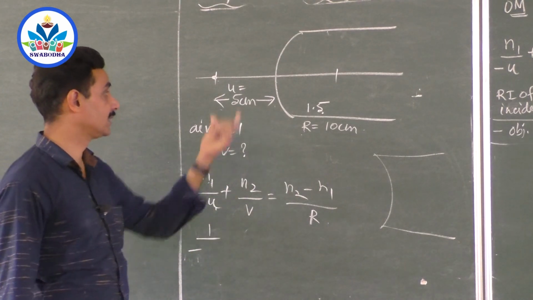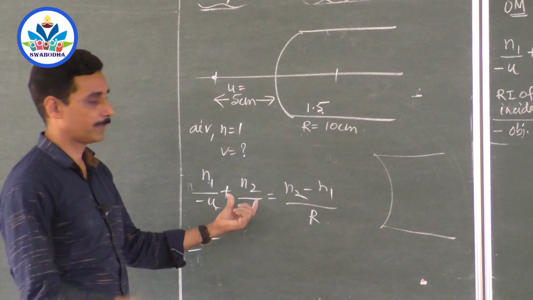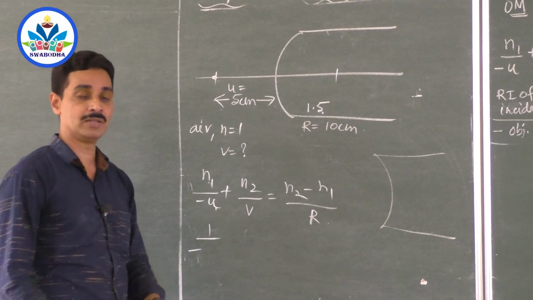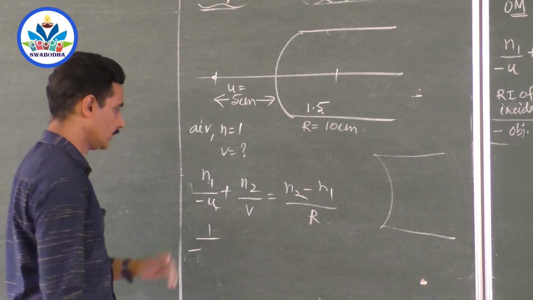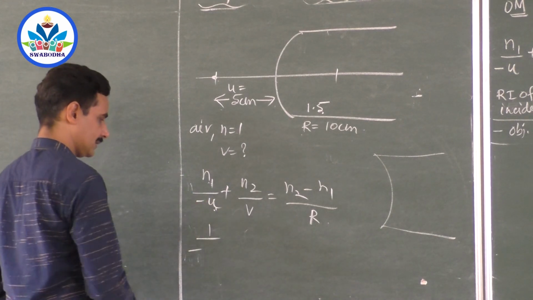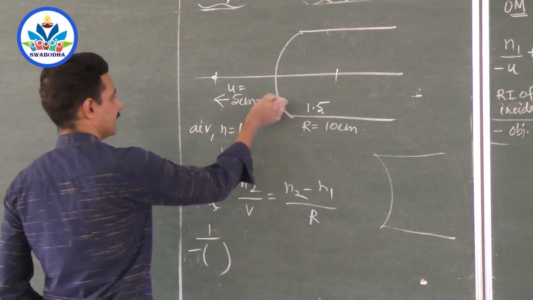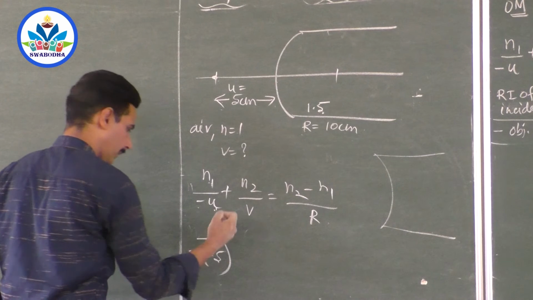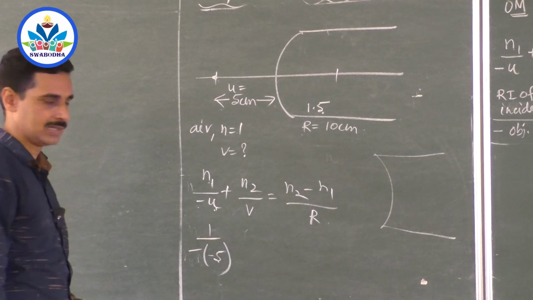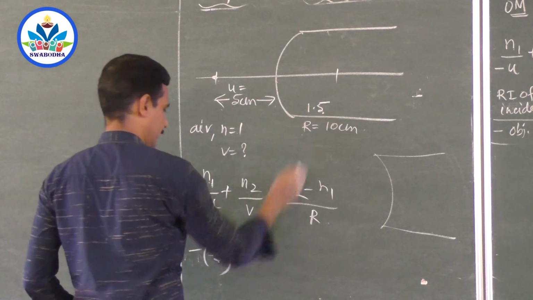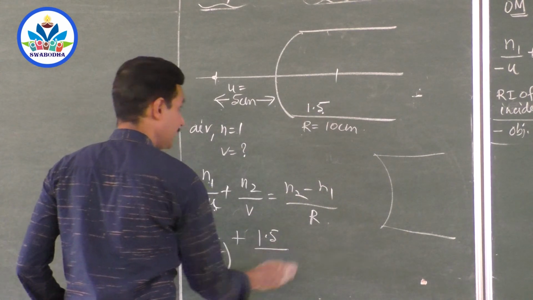So you need not restrict only to this condition, it can be applied to anything. Even for this condition, apply the sign conventions once again, you will get the correct result. What you will do: this is object distance, it is minus in the formula itself. What is object distance? It is minus 5. I'll keep all the centimeters as it is: minus 5, plus refractive index of the medium where refracted rays are present, 1.5, by image distance.